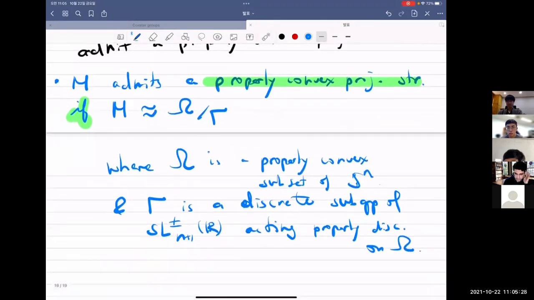If you remember the previous setting of a projective Coxeter polytope, when we have an Omega, Gamma will be the Coxeter group, or more precisely the reflection group. The quotient is not really a manifold, but a properly convex projective orbifold. But anyhow, if I take a finite index torsion-free subgroup of the Coxeter group, we obtain this kind of setting, right?